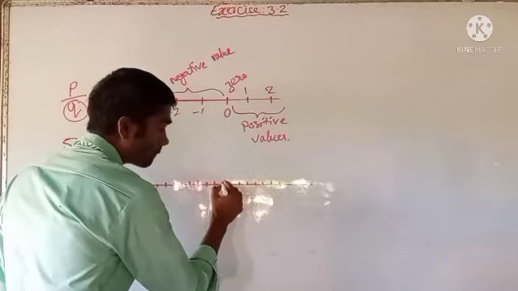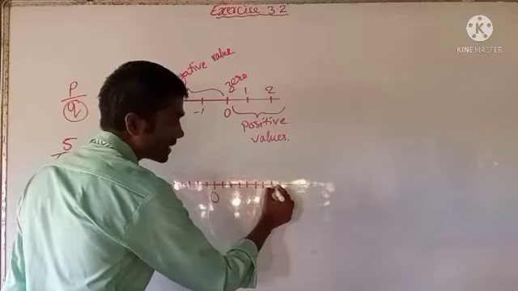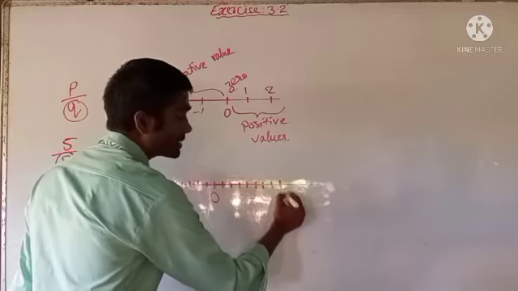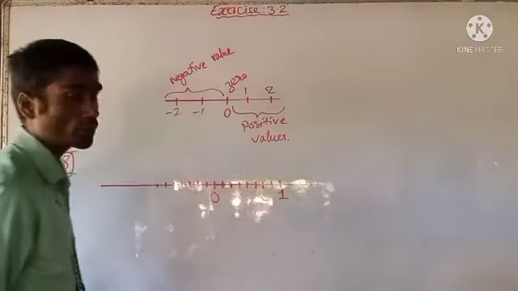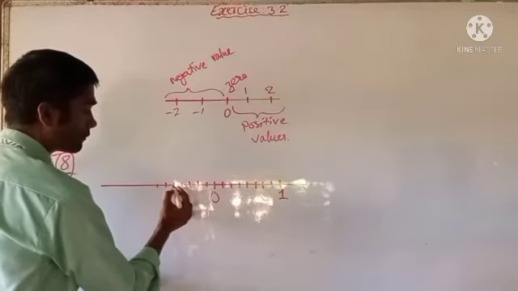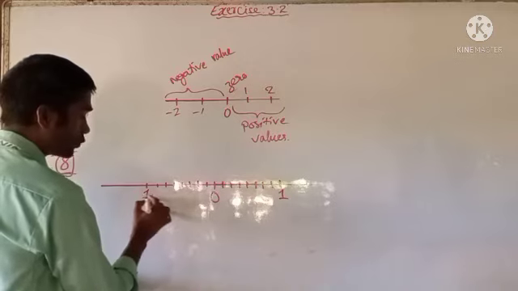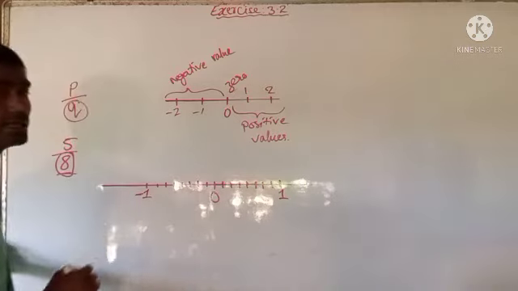That means 1, 2, 3, 4, 5, 6, 7, 8. We are going to take it as 1. And on the other side also 1, 2, 3, 4, 5, 6, 7, 8. We are going to take it as 1, which has a minus sign in it.